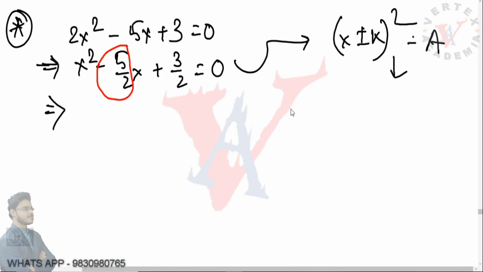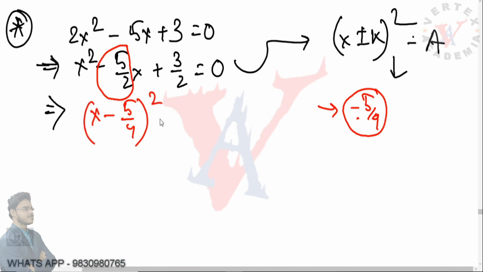So here it is minus 5 by 2, its half is minus 5 by 4. So you write x plus this number, which is minus 5 by 4, so x minus 5 by 4 whole square, minus 5 by 4 whole square plus 3 by 2. So basically this is nothing but a step jump.